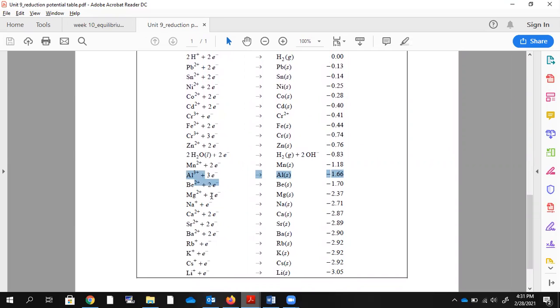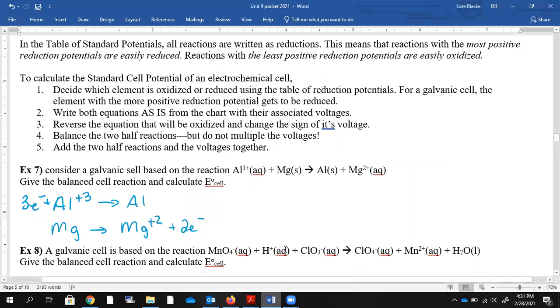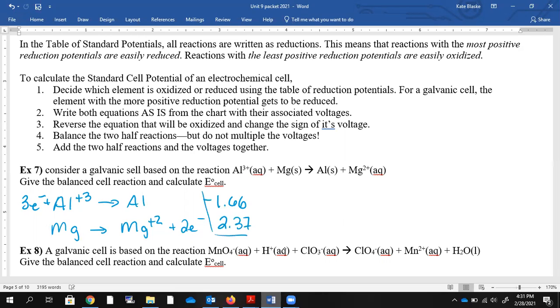Magnesium here as a reduction is -2.37. So -1.66 the way it was written. And then magnesium, this is written as an oxidation, so I need to flip that around. So that's going to be +2.37. So there's my cell potentials for those two half reactions.